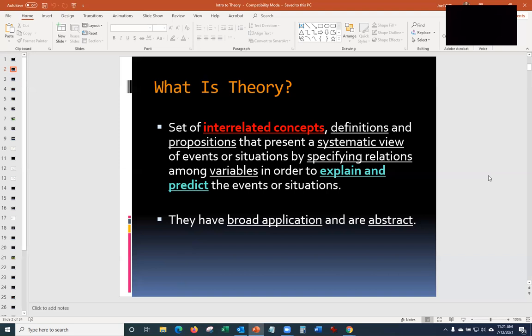But we can also apply that theory, if it's a good theory, if it's a robust theory, to health promoting behaviors. So things like eating healthy or being physically active, seeking screenings, those sorts of things.